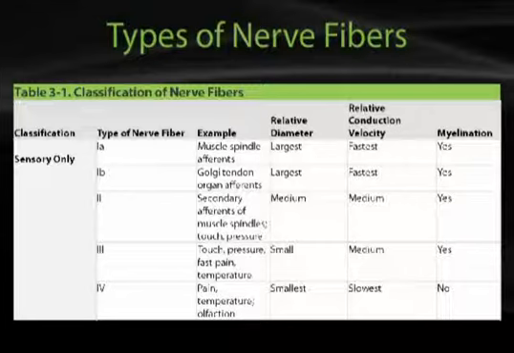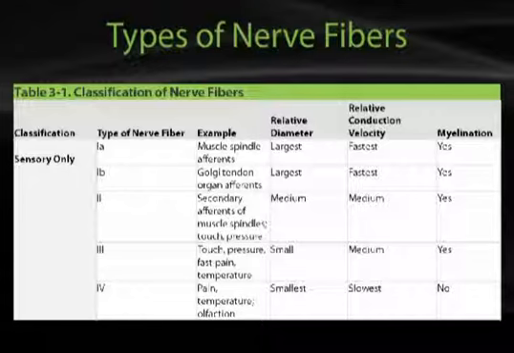Table 3-1 here demonstrates the Roman numeral classification: 1A, 1B, 2, 3, and 4. Again, it goes from largest diameter to smallest diameter, as well as fastest conduction to slowest conduction.